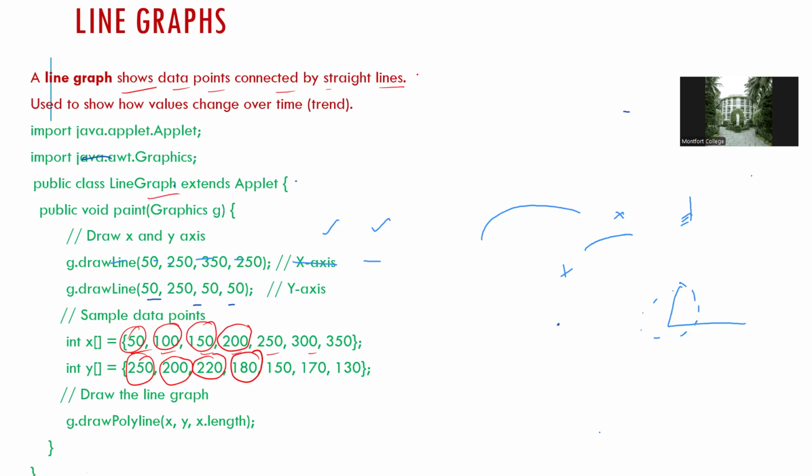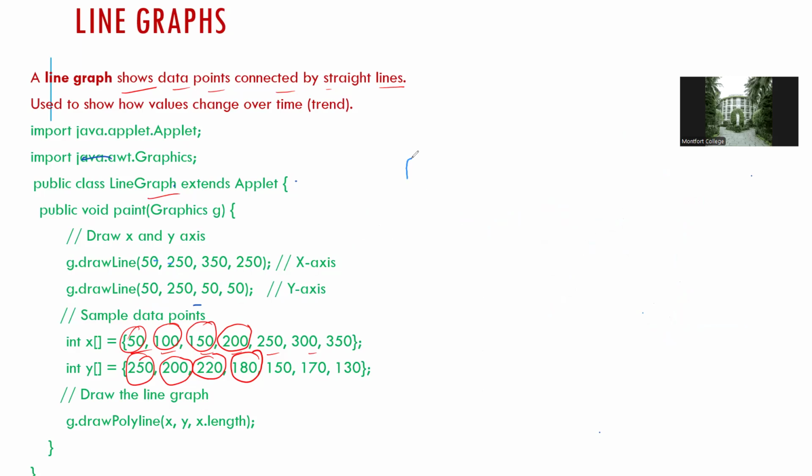So let me do it quickly. Take a rubber, remove this stuff. What I'm going to do is draw a component, the applet window.